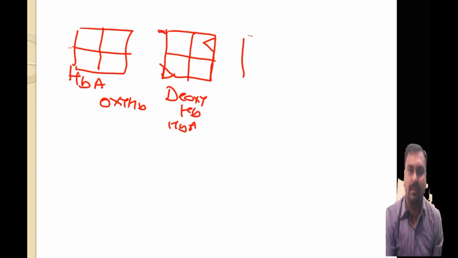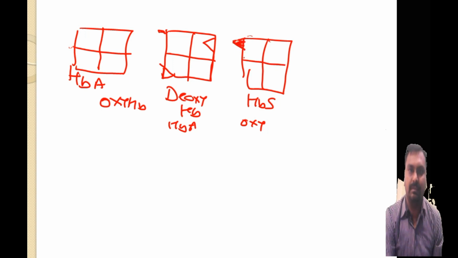In sickle HbS in the oxy form, it contains sticky patches like this because of the presence of valine in its globin chain.